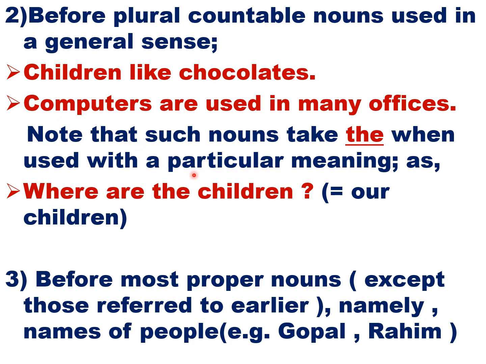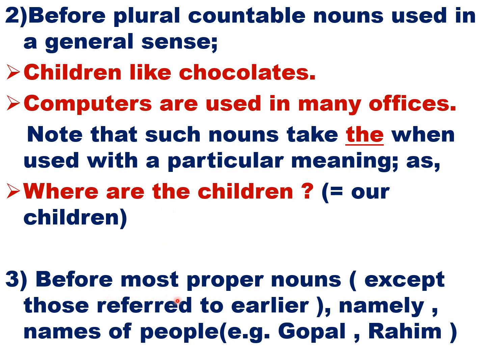But when we talk about a particular thing or in a particular sense, we can use the definite article the. Where are the children? Here we are mentioning particular children, that is our children. So the definite article the is used here.